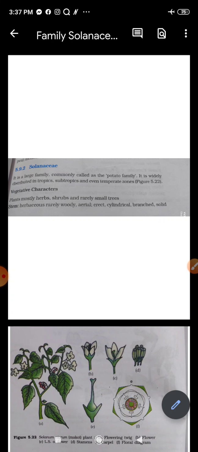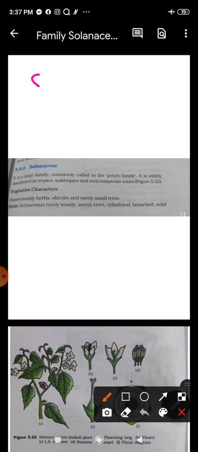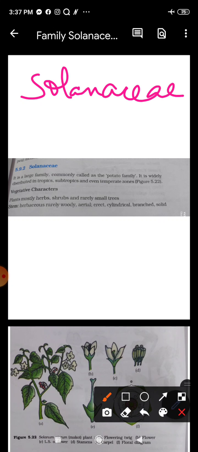As per the revised syllabus, we have only two families to study for this particular session, that is family Solanaceae and family Liliaceae. Right, so we will be studying only the two families, family Solanaceae and family Liliaceae.